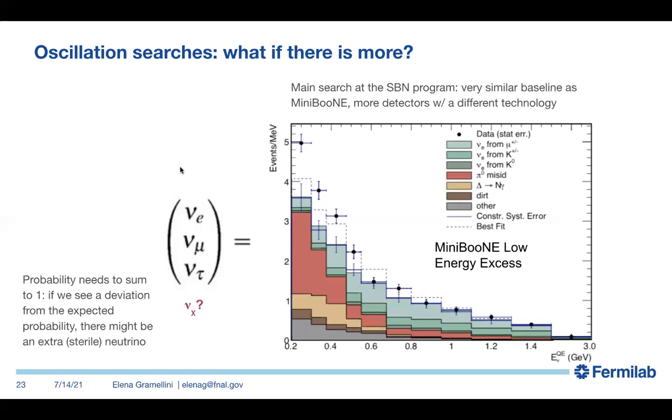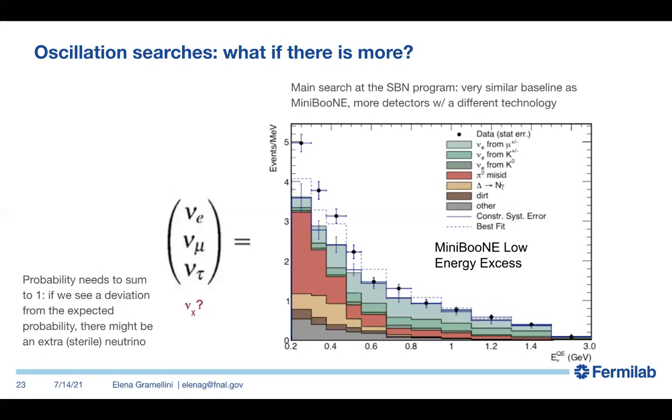And so the main search at the SBN program, which is on a very similar baseline as MiniBooNE, is to understand what happened here, and whether we actually have a fourth neutrino, which changes this probability of interaction.